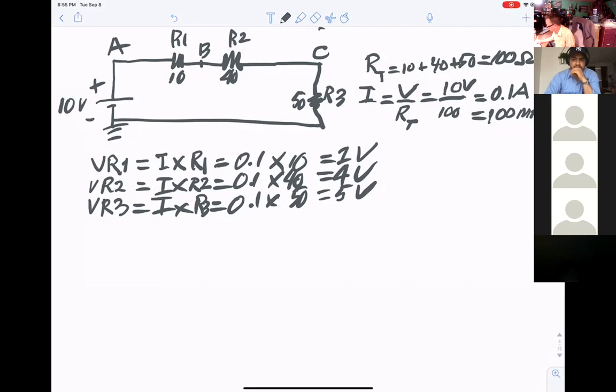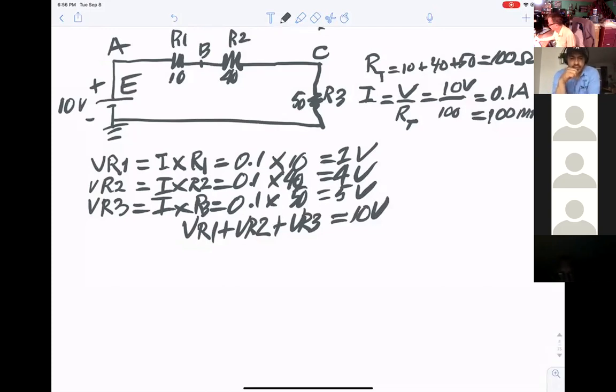That's telling you VR1 plus VR2 plus VR3 must equal 10 volt, that is E. If they don't equal 10 when you add them up, there is some problem.